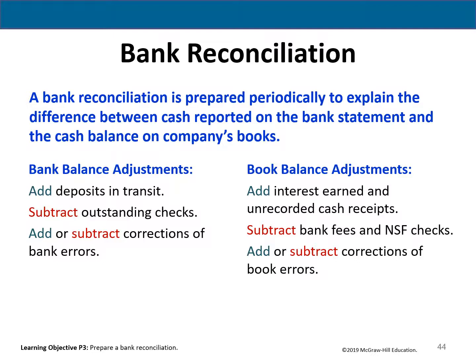Okay, why not? Some of the common items that are missing from the bank statement are listed there. The first is called deposits in transit. These are deposits that we have recorded in our checkbook. So according to the company, we got the money. We debited cash. But the bank hasn't processed that money as a deposit yet.